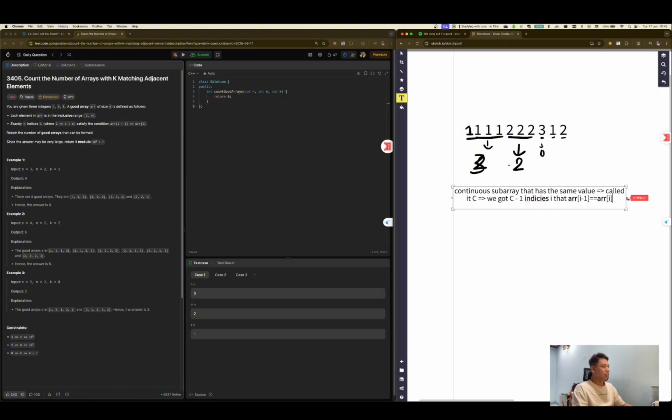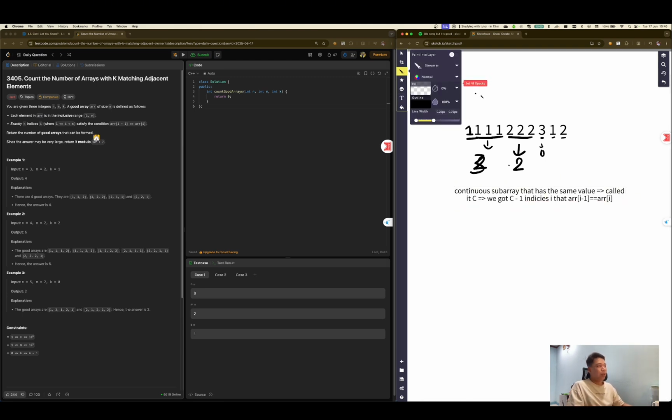You can understand that because we only care about the continuous elements that share the same values, as the statement gives us here. And how many indices i do we get? That is the length of that subarray minus 1, because you can compare this to this and this.